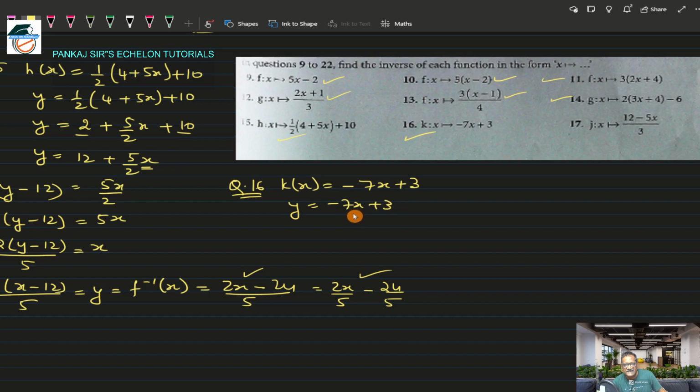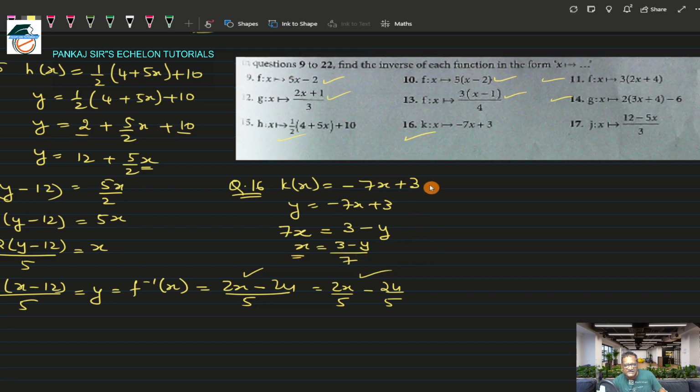We want to make this x the subject. So let me bring 7x over here. So minus 7x will become plus 7x over here, and this will be 3 minus y. This y is brought over here. Now x will be equal to (3 minus y) whole upon 7. So I have made x the subject successfully.